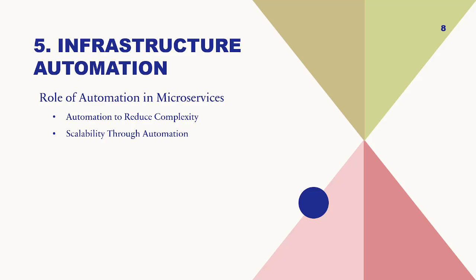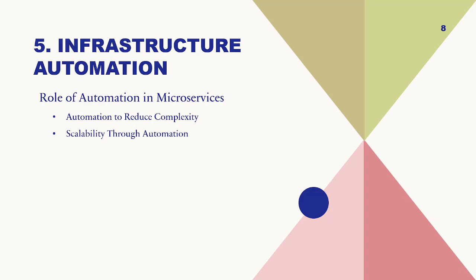So automation helps reduce complexity. Automating tasks like deployment, testing, and logging reduces the operational burden on the team. It ensures that each microservice can be deployed, monitored, and managed consistently without manual intervention.